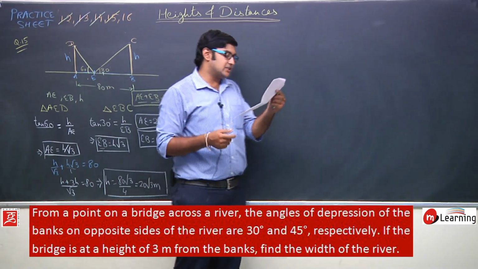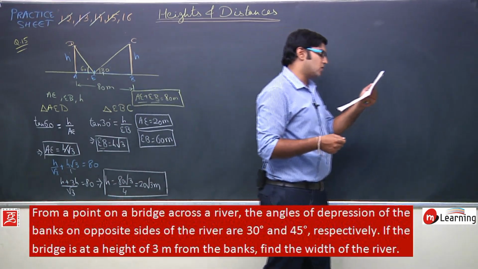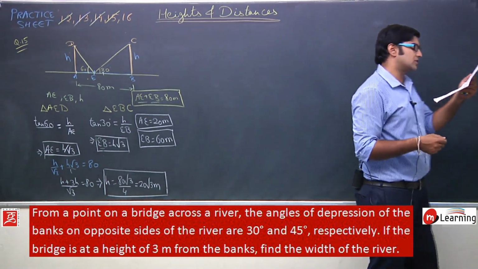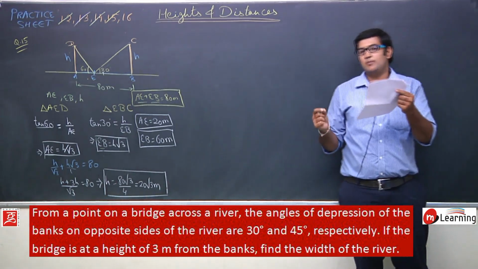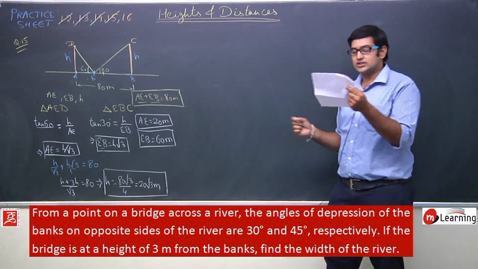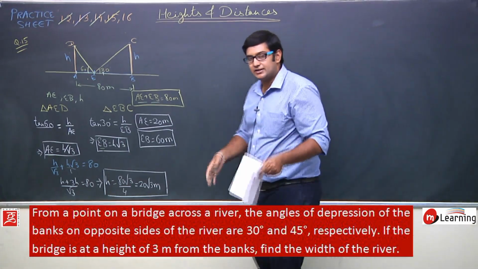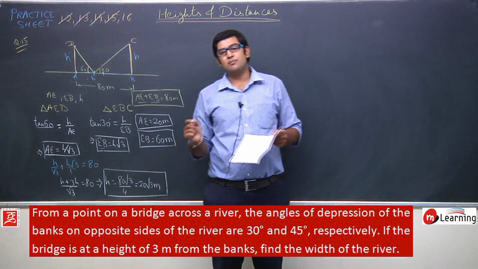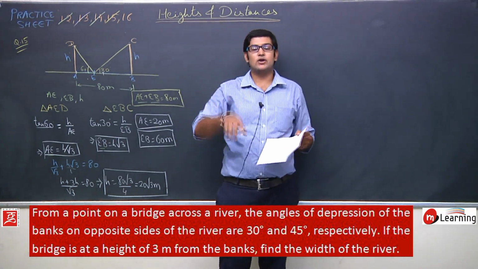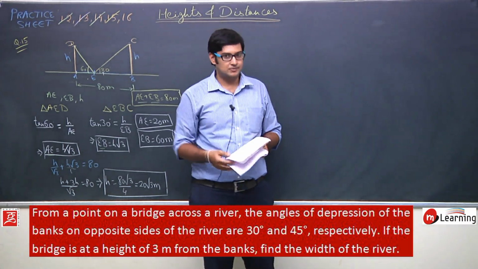Question number 16 says, from a point on a bridge across a river. So it means there is a river flowing and there is a point on the bridge. You know what a bridge on a river is.